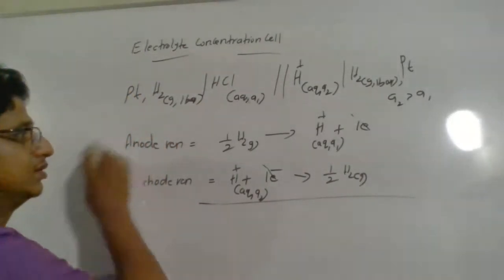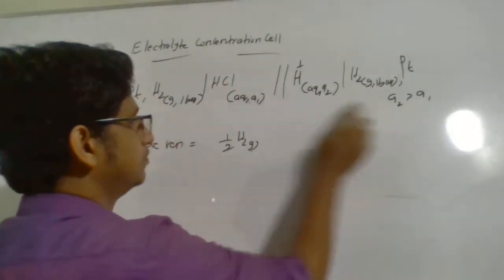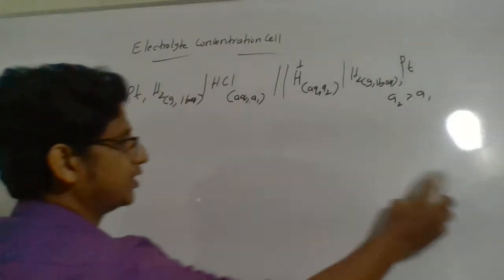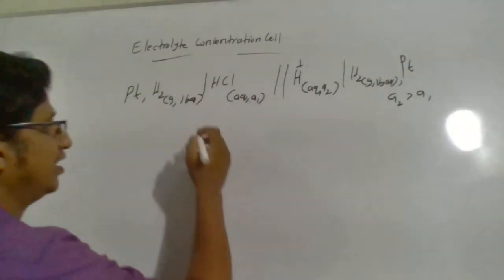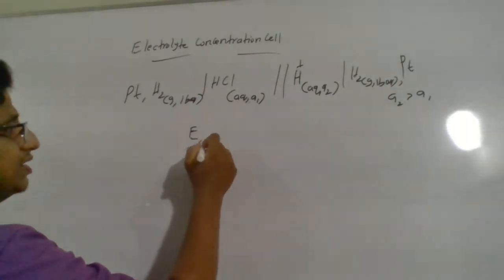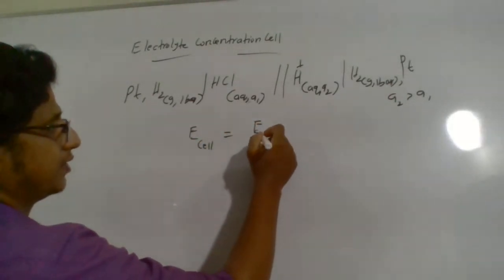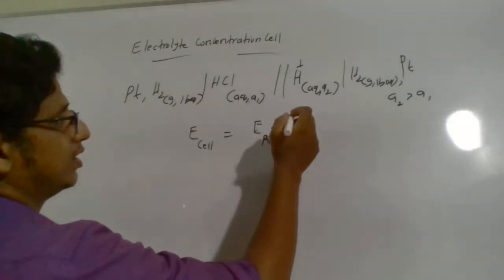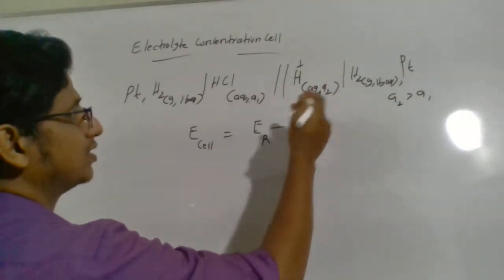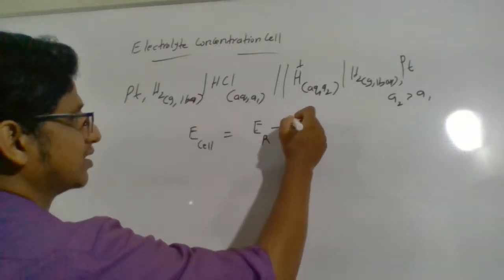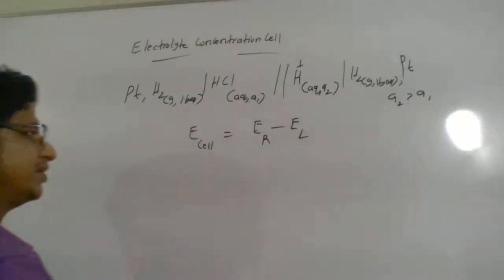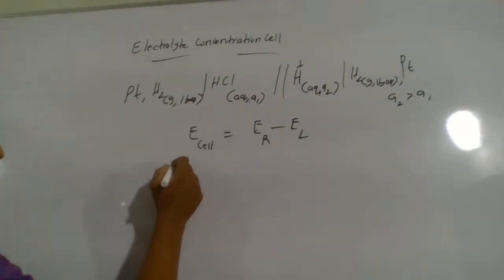How can you find it? The EMF of the cell you can write as E cell equals E cathode minus E anode. Here, the electrode potential of the cathode, on the right-hand side, minus the electrode potential on the left-hand side, ER minus EL. So how can you write the EMF?